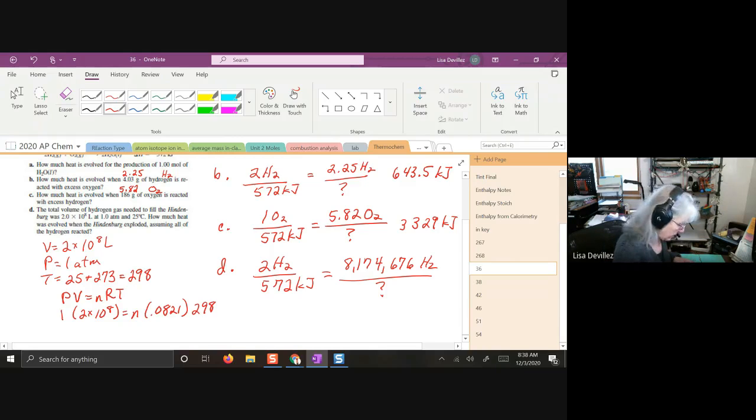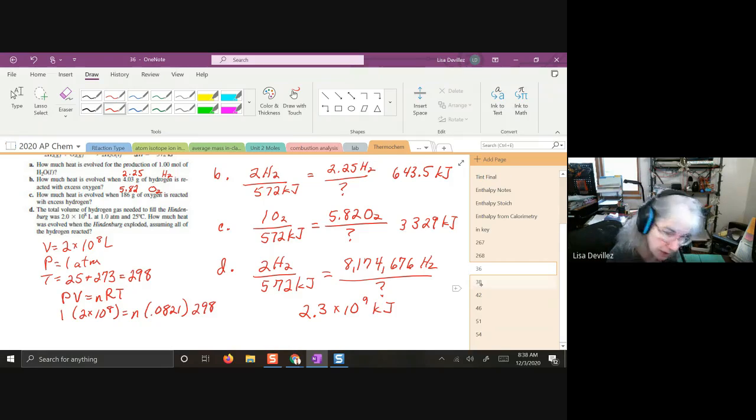So that's going to be a big number. It's 572 divided by 2. All right, let's just do this in 2.3 times 10 to the 9th kilojoules. Okay, so that one was pretty straightforward.